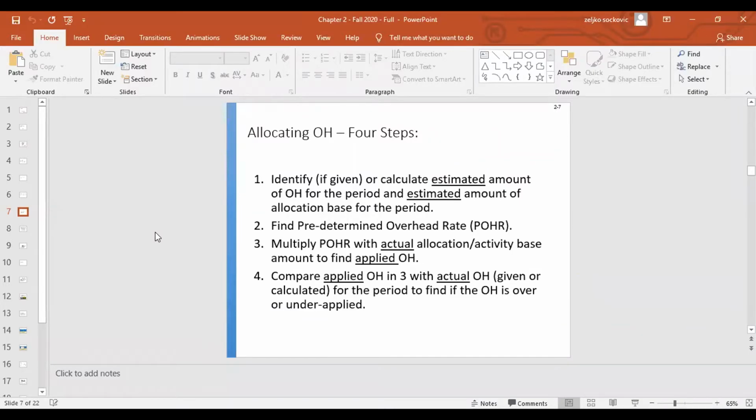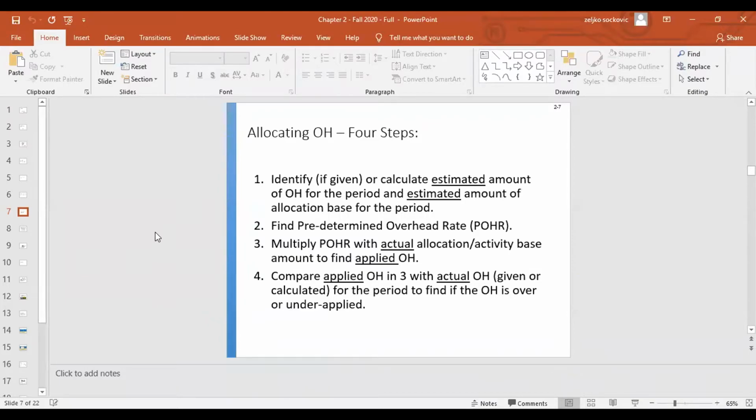So when you get a problem, you use these 4 steps, and you say right away, okay, this is this type of problem, this topic. What am I looking for? I am looking for the estimated amount of overhead. And I'm looking for the estimated amount of allocation base, those machine hours or labor hours or whatever, right?